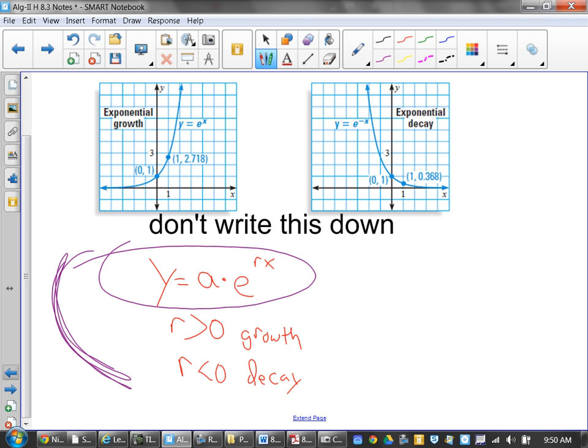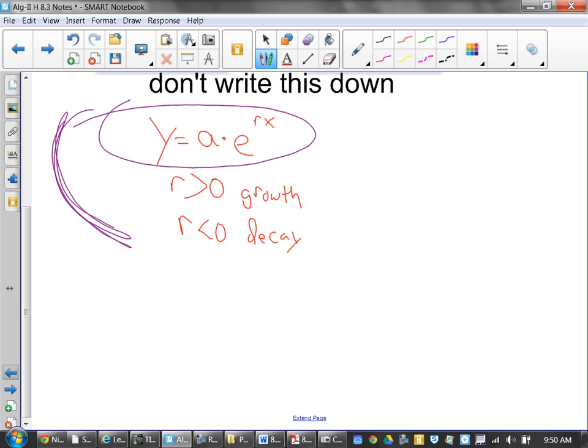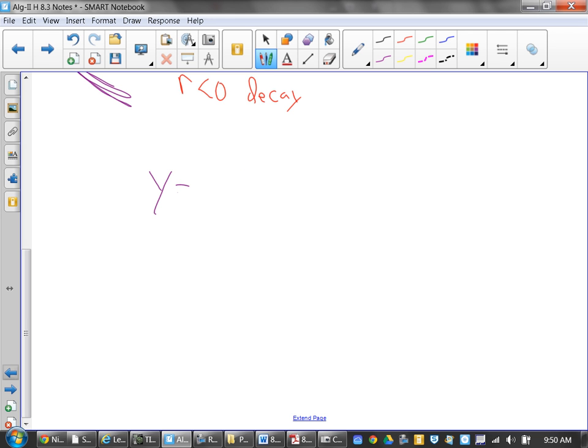So when you're graphing these style problems, the only real point you're able to find is your y-intercept, and knowing the direction it's going to go. Yeah, Mike. We're going to have to shift these. Great question. If you throw in the idea of the shift, where you have y equals A times e to the r(x minus h) plus k, what becomes your horizontal and vertical shift? h, k.